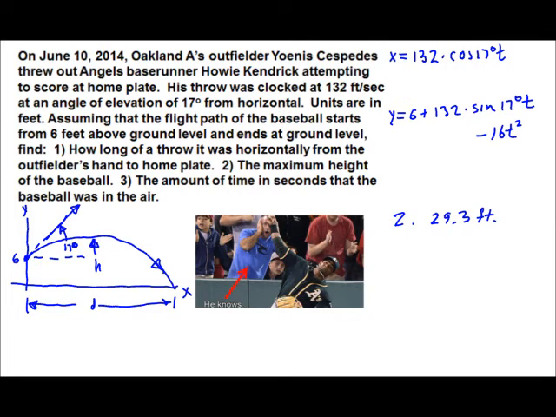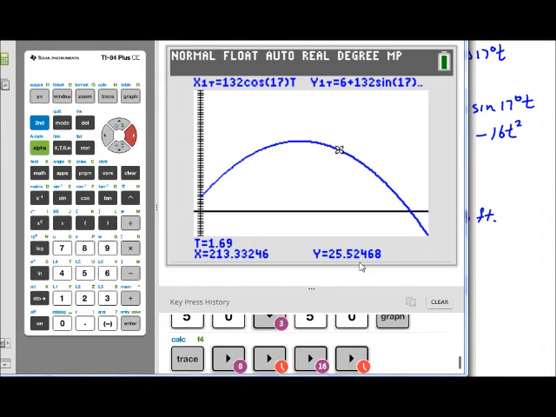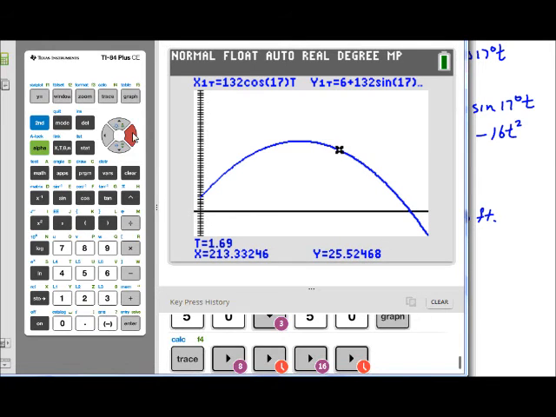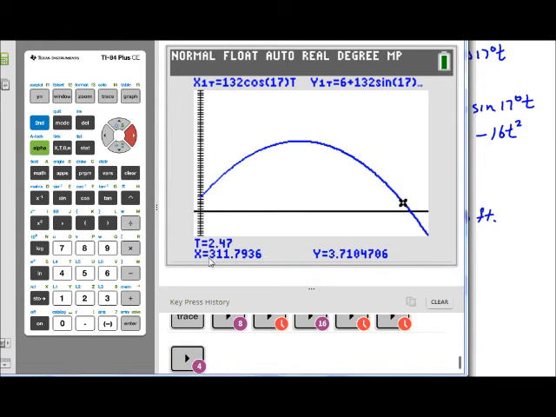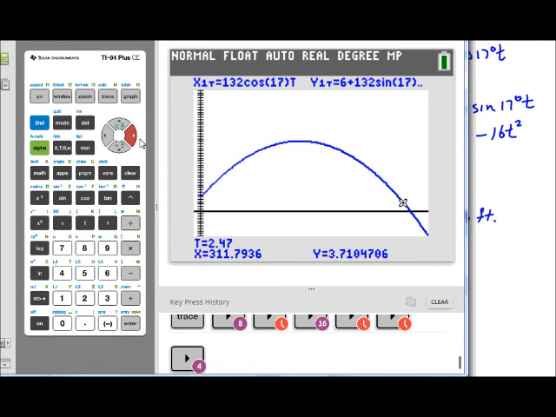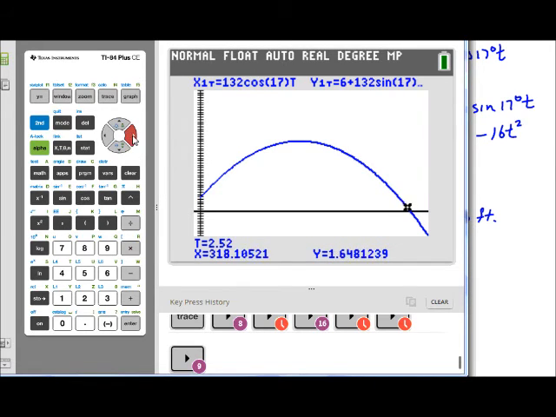Okay, now we can just continue scrolling to answer the rest of our questions. So we continue scrolling to the right, and what we're looking for is for y getting to 0, or as close to 0 as possible. So we keep on scrolling to the right, and the x value is the horizontal distance from the outfielder, and the t value is the time it takes, and the y value is the height in feet above ground.